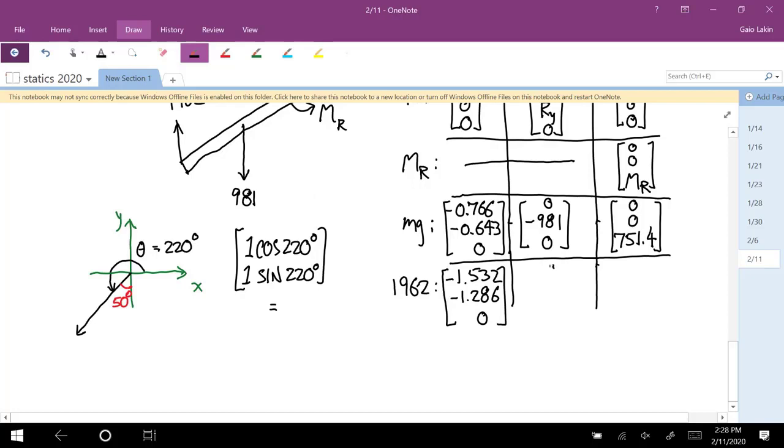The weight force is 0, positive 1962, 0. And the cross product is 0, 0, and then a Z component of negative 3790.6.